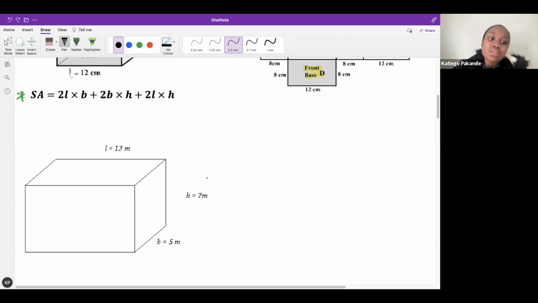I mean, here it's given, so you don't have to. Okay, but I'm going to do it anyway. So surface area is 2 times length times breadth plus 2 times breadth times height plus 2 times length times height.